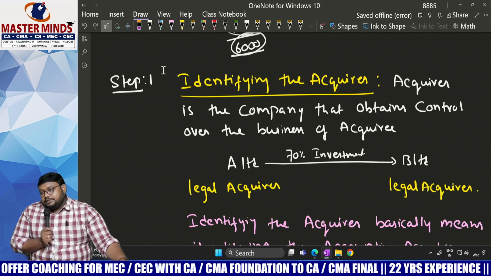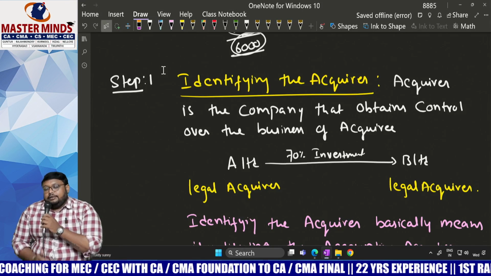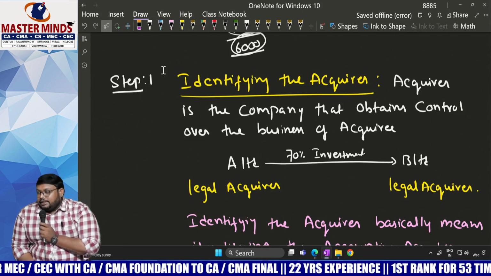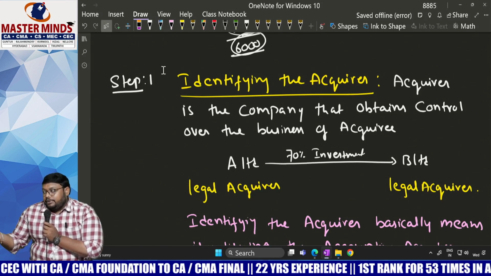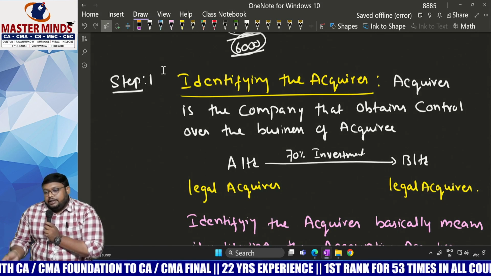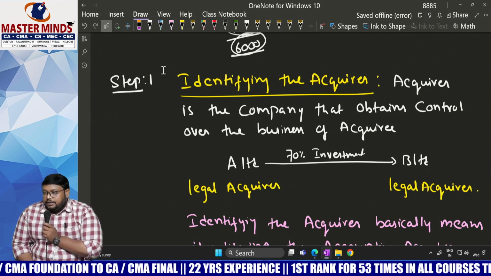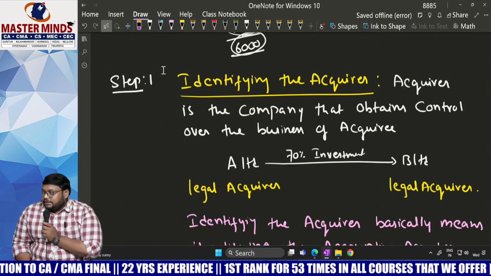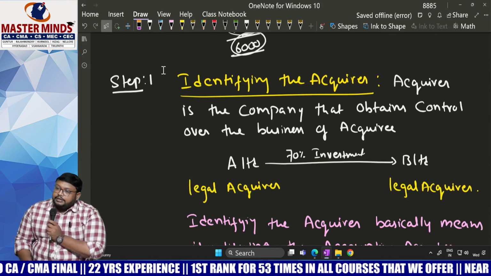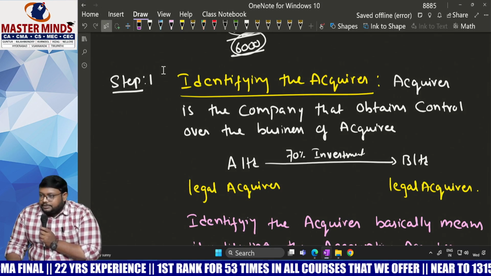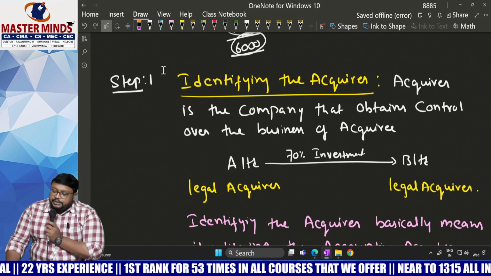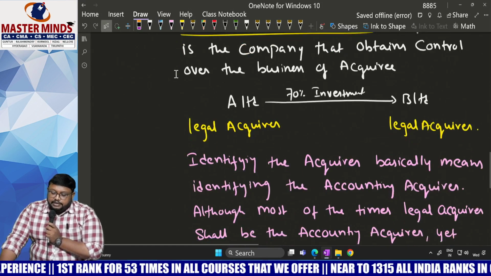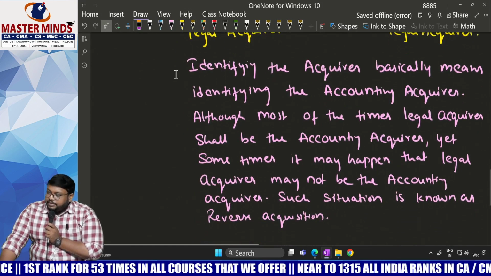So that is the first step. When X Limited acquired Y Limited, or A Limited acquired B Limited, A Limited and X Limited will be the acquirers. Only in the reverse acquisition case it will change. The first step in the acquisition method is identifying the acquirer.